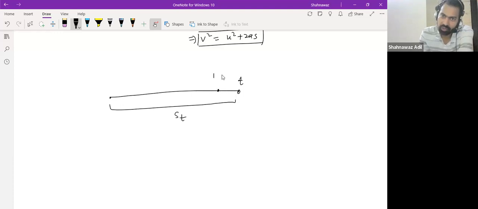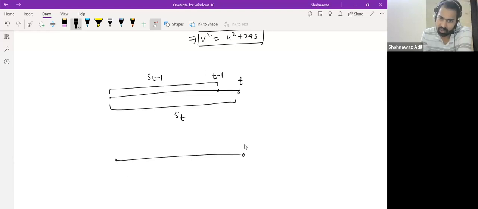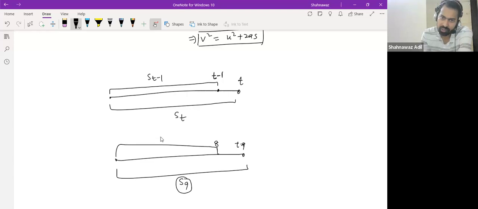So in this way, the distance covered is s t minus s t minus 1. Let me write the numbers so that you guys can understand. So this is t equals 9 seconds, and let's say this is t equal to 8 seconds. So this is S9, distance traveled in 9 seconds, and this is the distance traveled in 8 seconds.